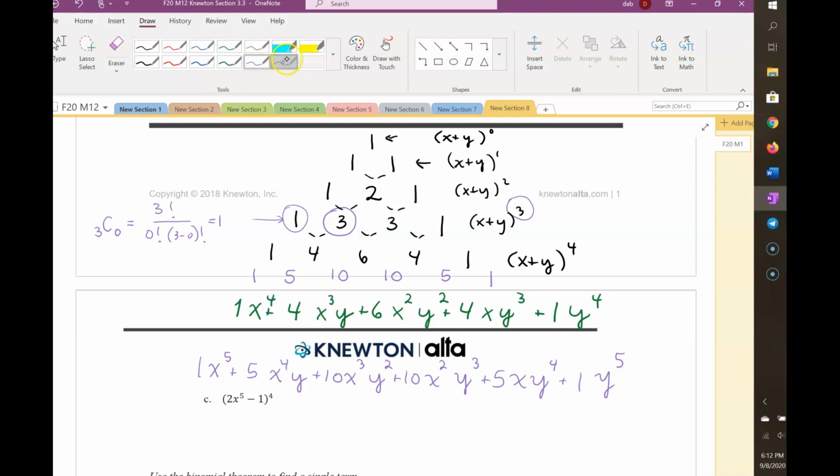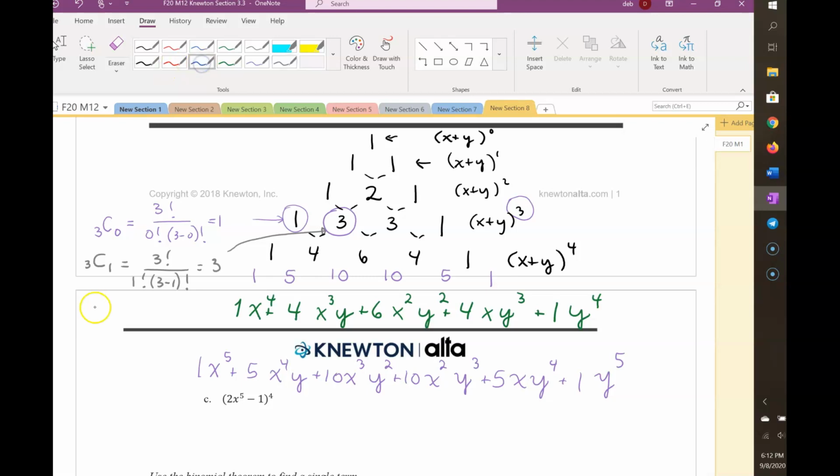So now let me do 3 choose 1. 3 factorial over 1 factorial times 3 minus 1 factorial. I'll let you compute that and think about it, but that's going to give you the 3 that is the next entry in Pascal's triangle.